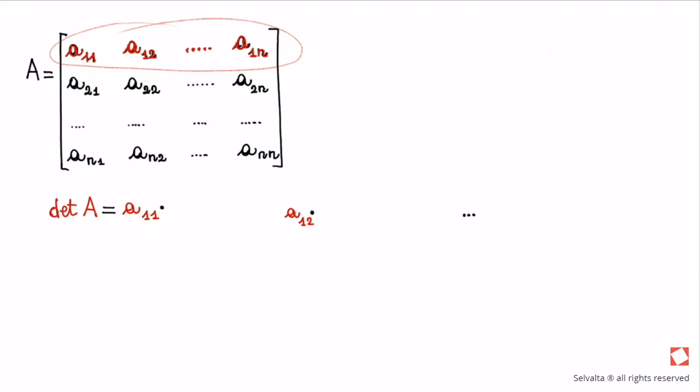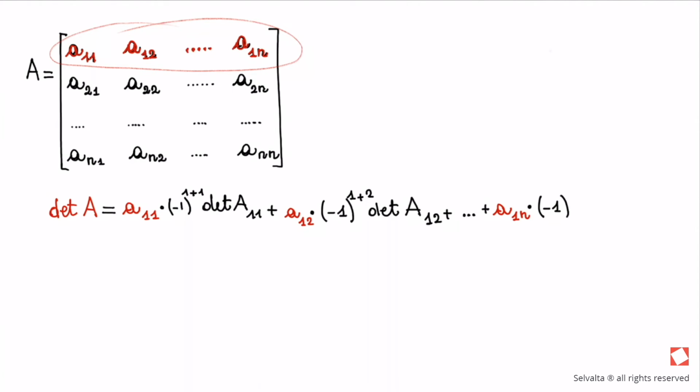Then we will take a11, a12 up to the element a1n, and I multiply them by the cofactors, that is, minus 1 power 1 plus 1 times the determinant of A11, the cofactor of the first element, plus minus 1 power 1 plus 2 times the determinant of the submatrix A12, up to minus 1 power 1 plus n times the determinant of the submatrix A1n.